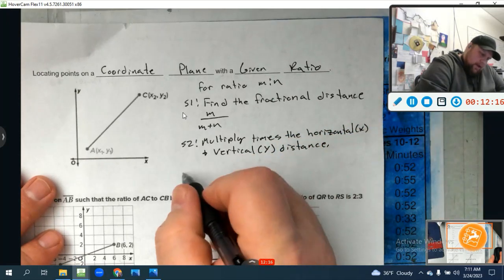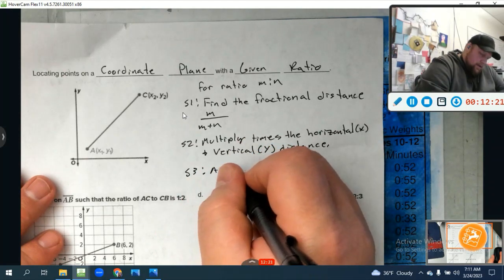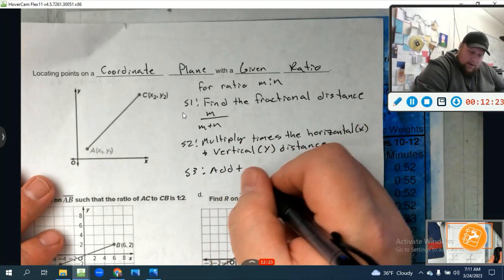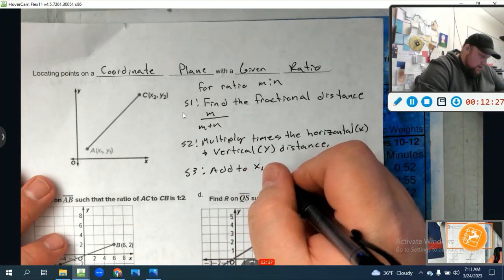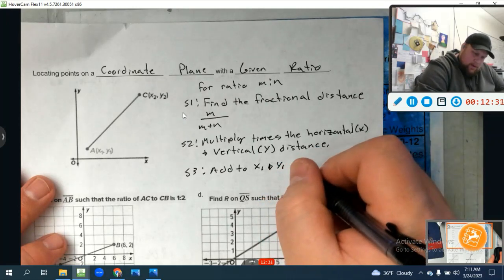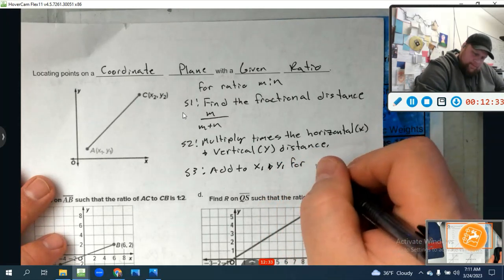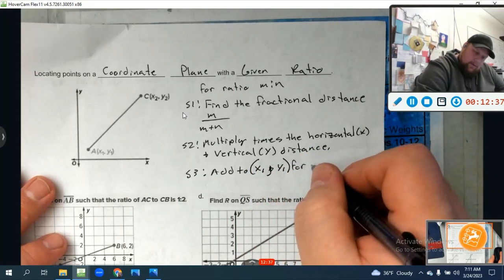And then step 3 is add to x1 and y1 for a new coordinate. I guess I could write it like this to make it a little bit clearer. And to x1, y1 for a new coordinate.